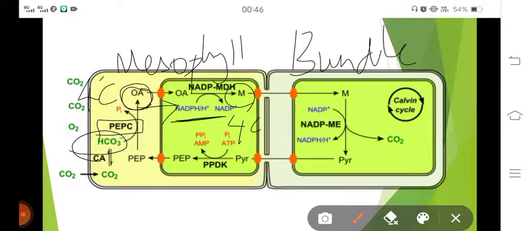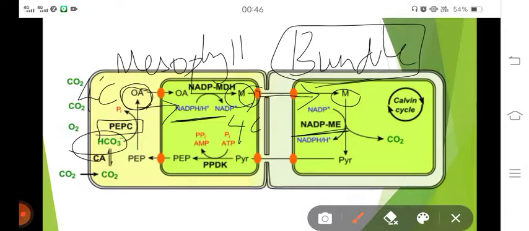Now the malic acid will come out of the chloroplast of the mesophyll cell and enter into the chloroplast of the bundle sheath cell. In the bundle sheath cell, the malic acid takes a malic enzyme that is NADP dependent, nicotinamide adenine dinucleotide phosphate dependent malic enzyme, and gets decarboxylated to form carbon dioxide and pyruvic acid.